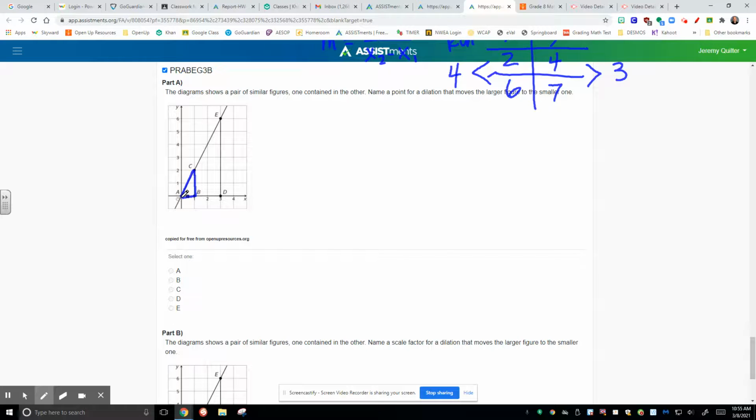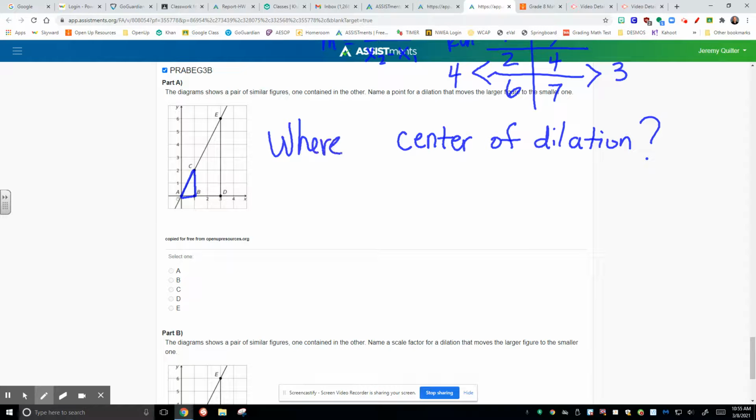So what we're asking for is, where is the center of dilation? I'll give you a full sentence there. Where is the center of dilation? Okay, and that's what you need to pick.